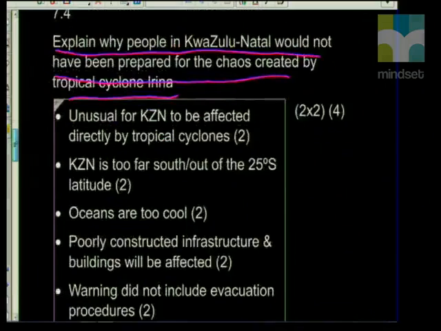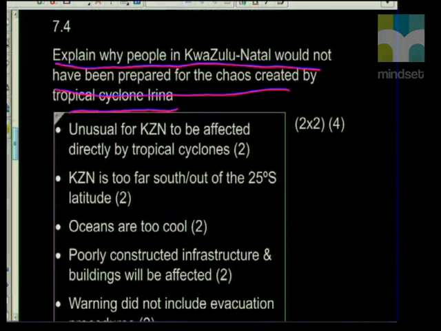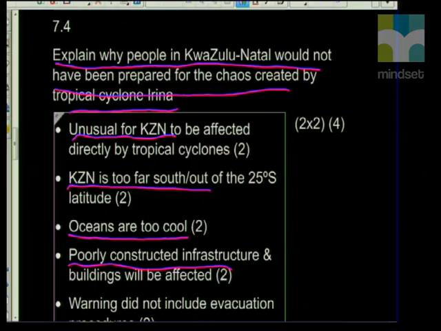So there are various answers down here. If we look at our answers, can you see? Unusual for KZN to experience this. KZN is too far south, and the temperatures are generally lower. Oceans are too cool, not as hot because we're heading towards the mid-latitudes. Poorly constructed infrastructure.